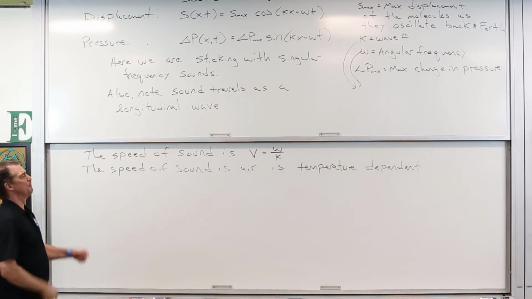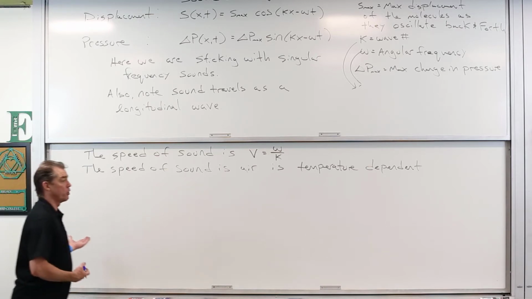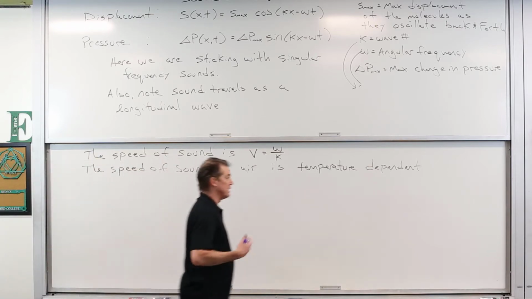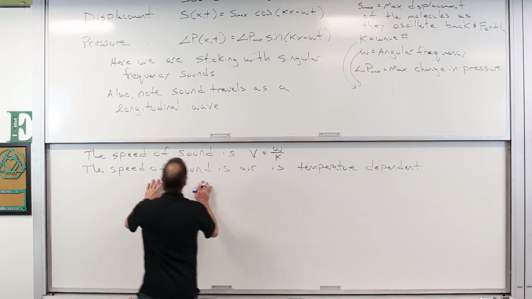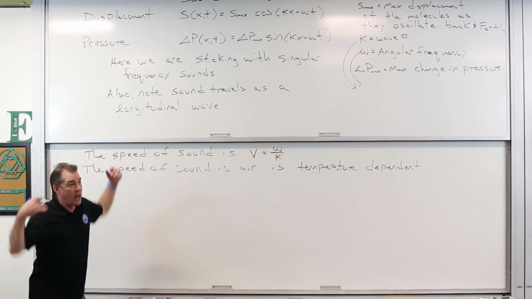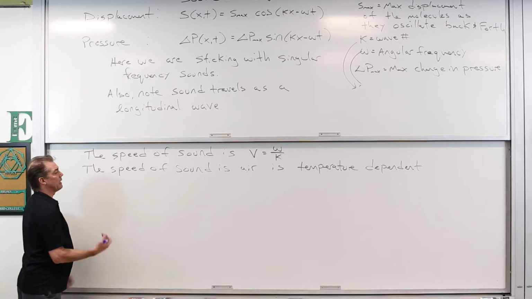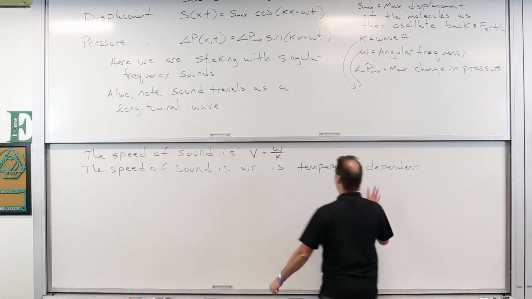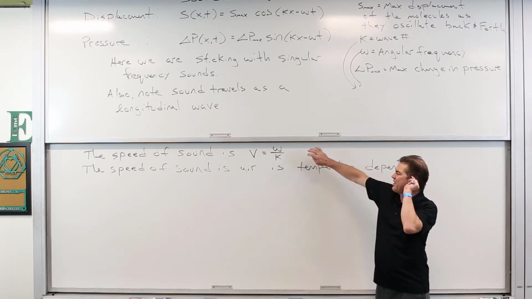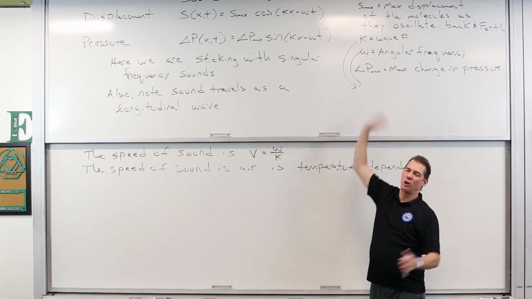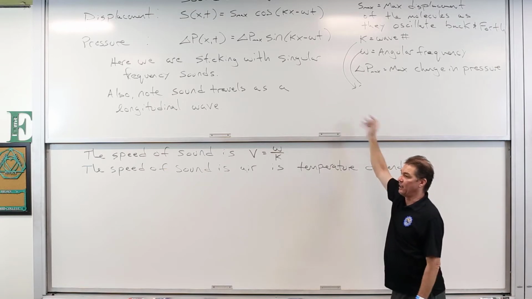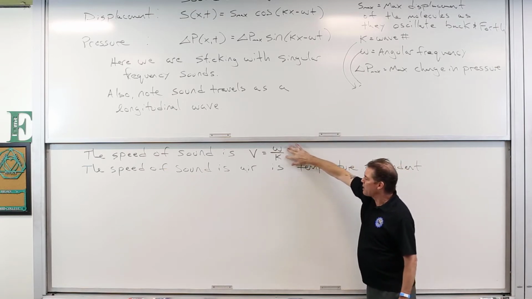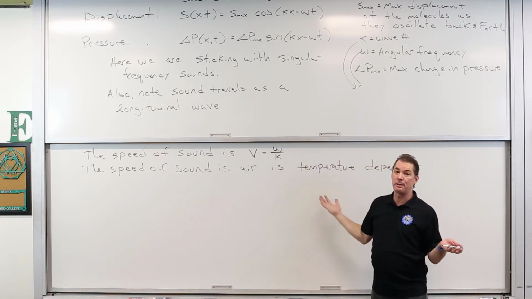As we find in many cases, speed of sound has some correlation with what temperature the substance through which the sound is traveling is at. But generally speaking, we're going to be dealing with sound traveling through air, so we need some notion of what the actual speed of sound is and how it varies with respect to temperature. This is just by definition in terms of the frequency and the wave number, but the ratio of these two numbers has to work out to be the speed of sound.